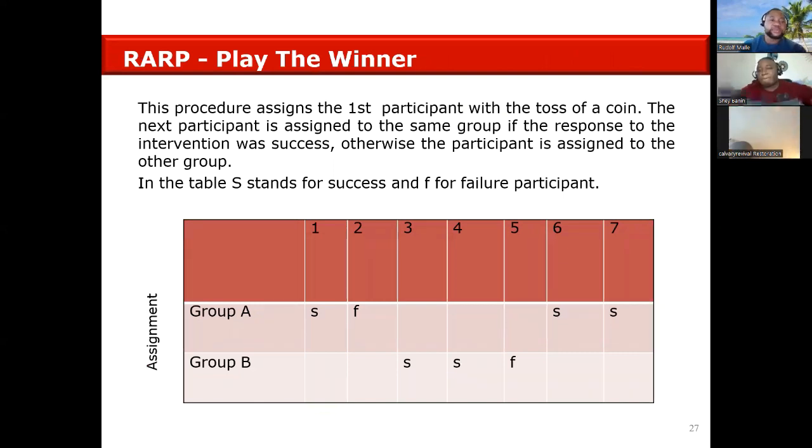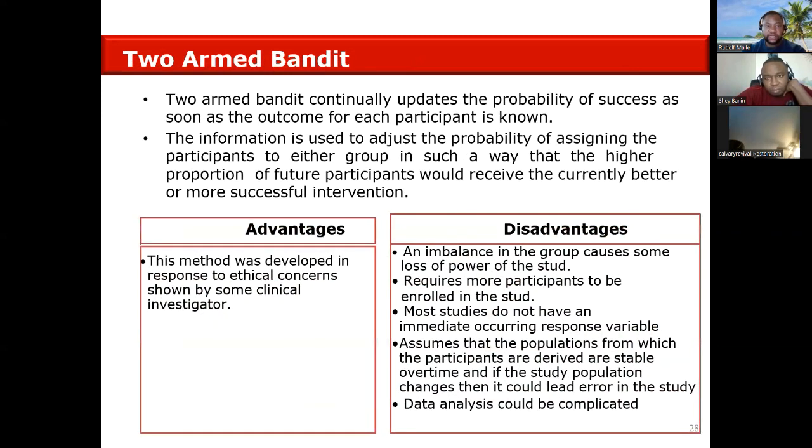Play the winner. The procedure assigns the first participant by tossing a coin. So this is an example of this process, where we're looking at 7 subjects here. Subjects in group A will be 1, maybe based on how they responded to their questionnaire, they assign them 1, and 2, this one assigned S and F, sorry.